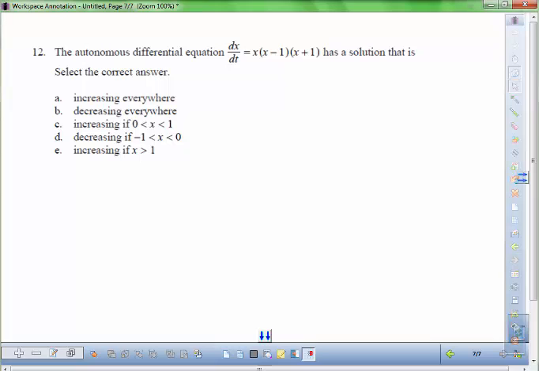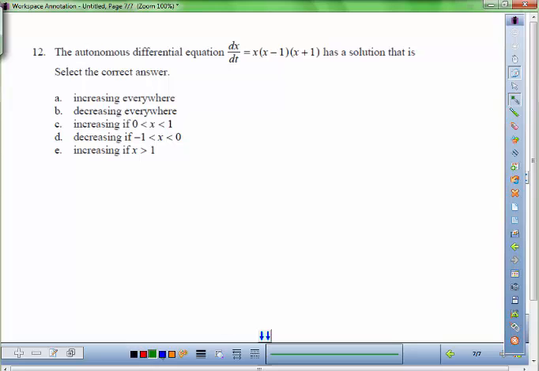And because it's an autonomous differential equation, we should be able to figure out where we have, what do you call those things? Attractors and repellers. The points that are stable and unstable. So let's approach this by looking at the phase portrait.